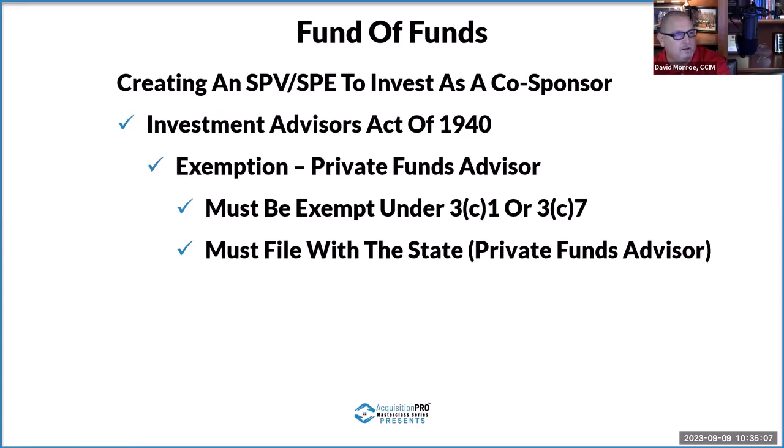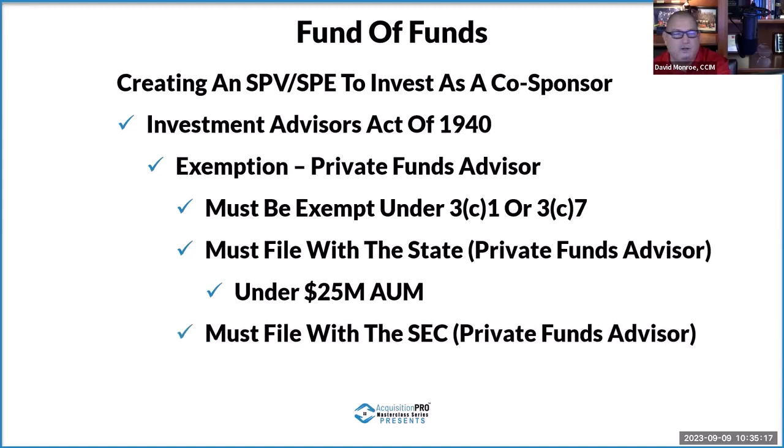So under 25 million assets under management, you must file with the state. Okay. You must file with the SEC to get this exemption between 25 million and 150 million. Above 150 million, you no longer get the exemption.